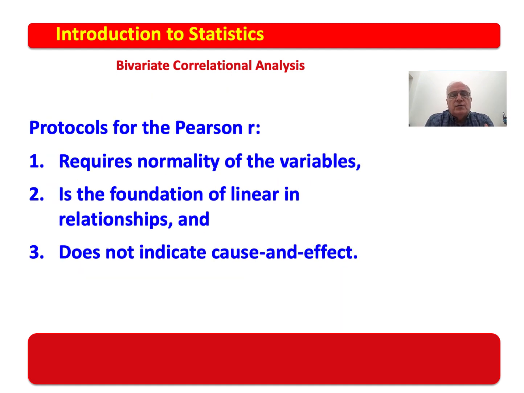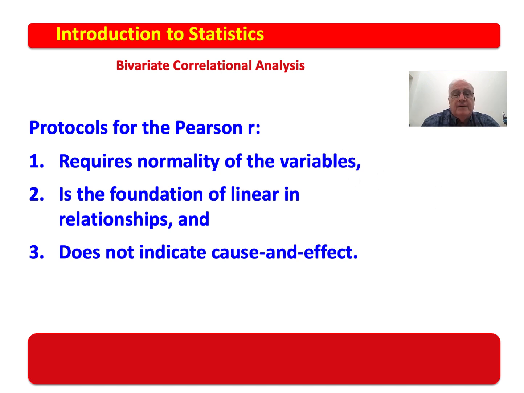The protocols for the Pearson r require normality of the variables. The Pearson r is the foundation of linear relationships, and it does not indicate cause and effect. The first thing you would establish as you conduct a correlational analysis is whether these variables fit the Pearson r by being approximately normally distributed.